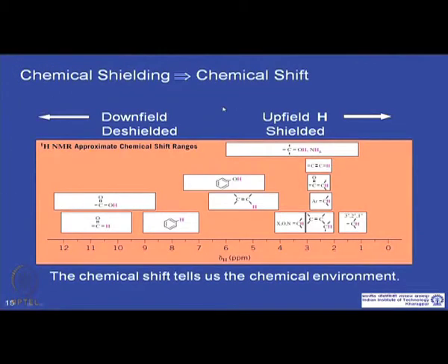Now, we know that in a molecule not every nucleus experiences the same amount of external field. Basically, surrounding a nucleus there are electron clouds which shield some of the applied external magnetic field.